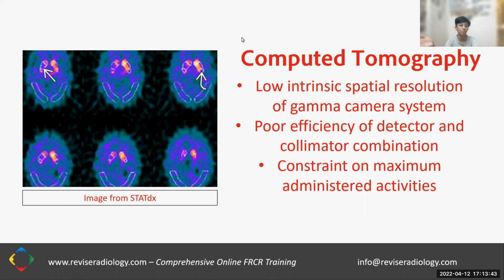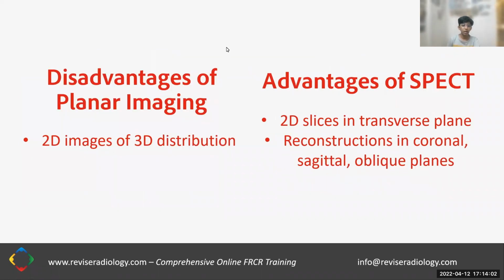So these are all the features which lead to the image having a low spatial resolution and high noise: the construction of the gamma camera system, the detector and collimator combination, and the fact that there are constraints on the activity due to patient dose. Okay, so let's take a look at the comparisons between planar radionuclide imaging and SPECT.